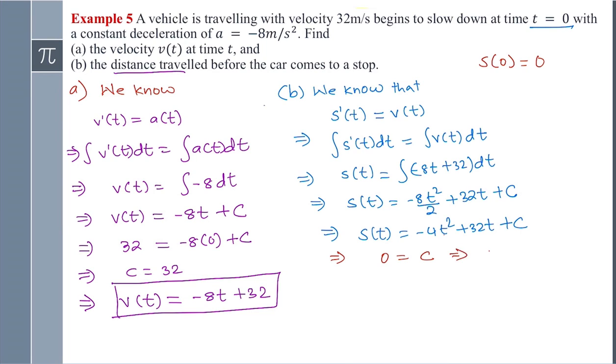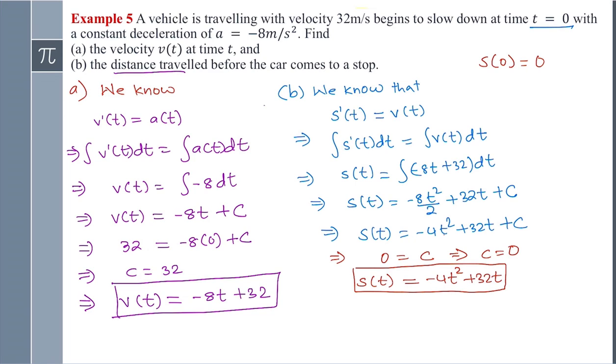That implies c equals 0, so our position function is negative 4t squared plus 32t plus 0. So that is the position function, and that function gives us the distance.